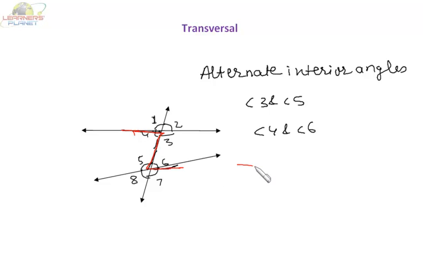So this is the shape of Z, this angle and this angle, that is angle 4 and angle 6. These are alternate interior angles. Similarly, we see a shape of Z over here also, like this. So this angle and this angle, both of them are alternate interior angles. So you can memorize it like this.